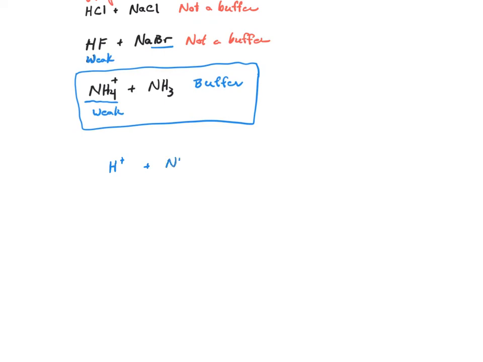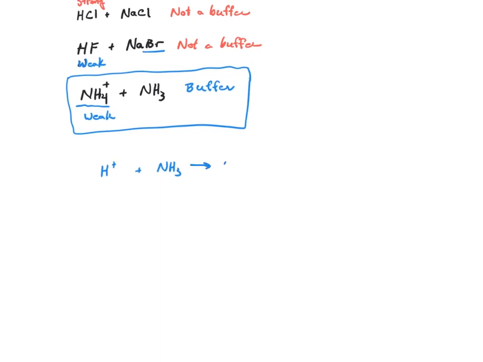It would react with the ammonia that's laying around, producing ammonium, which is not nearly as acidic as hydronium. Okay, and if we had hydroxide that was added to it, that would react with the ammonium to produce ammonia.